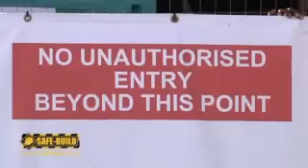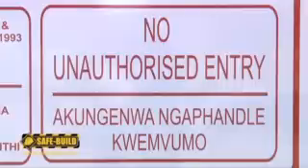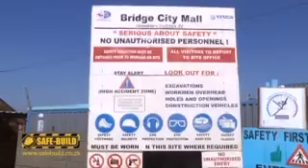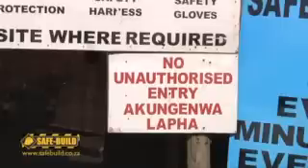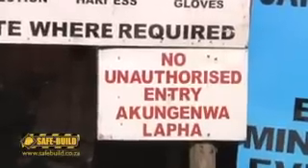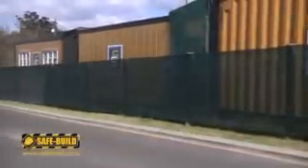No unauthorized entry warning signs must be placed at both the entrance as well as around the perimeter of the site. It is important that the entire site be fenced off to stop unauthorized persons entering the site.